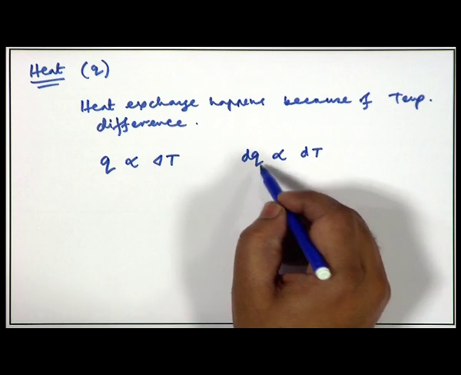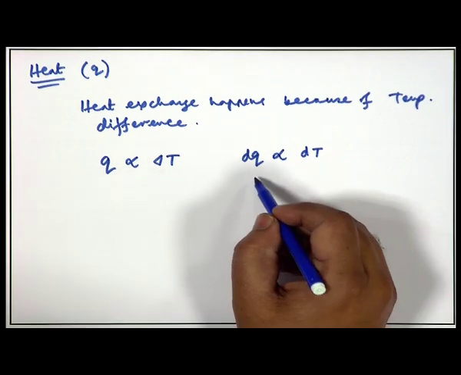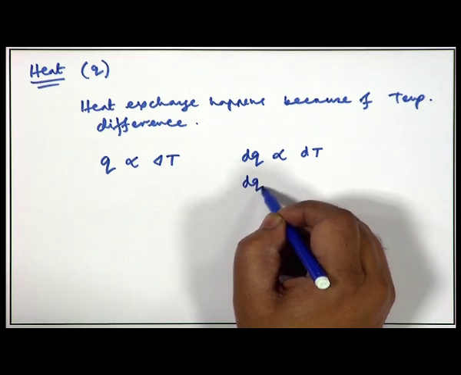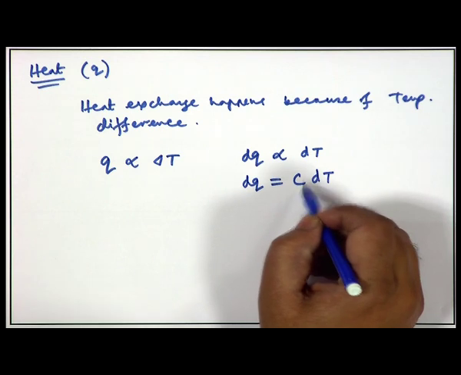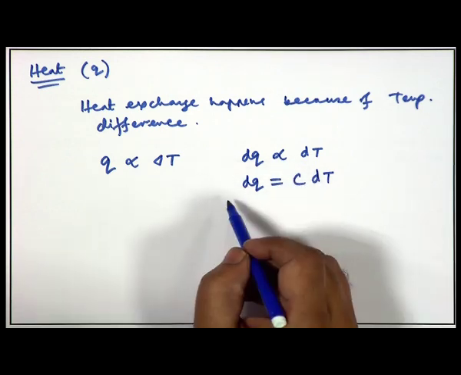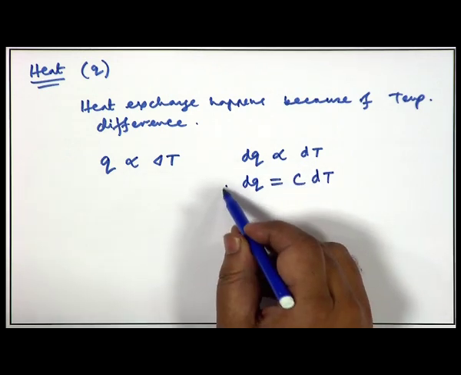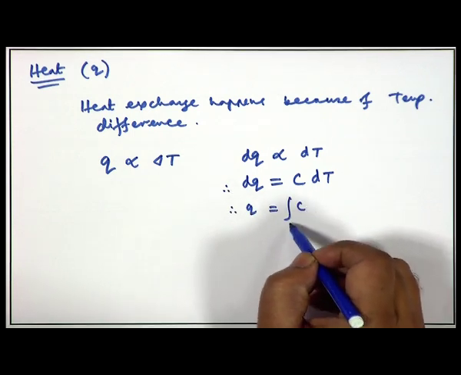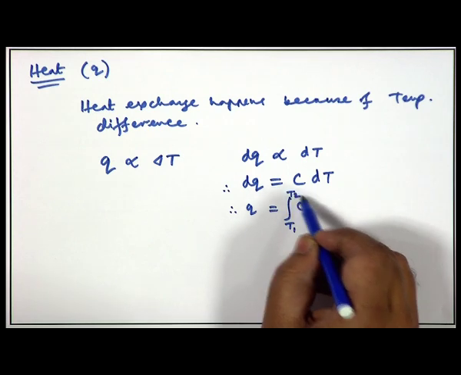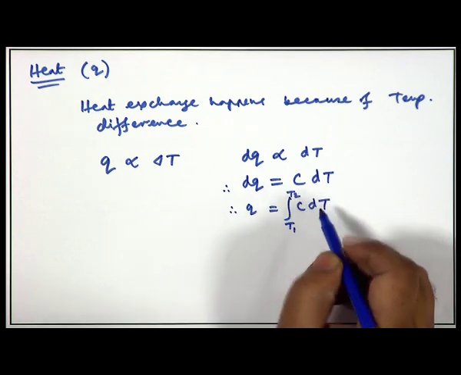So, what is the proportionality constant? We have this proportionality constant as C, capital C. So, for the entire process we can get Q as the integration from T1 to T2 of C dT.